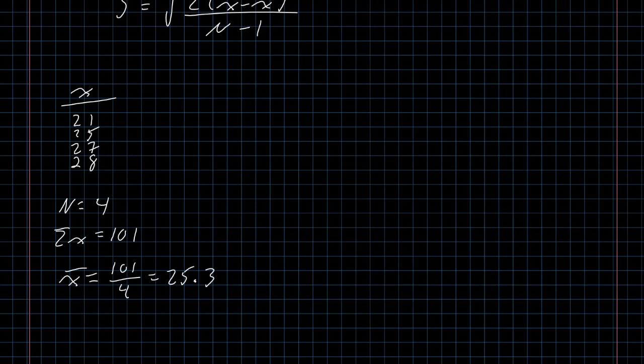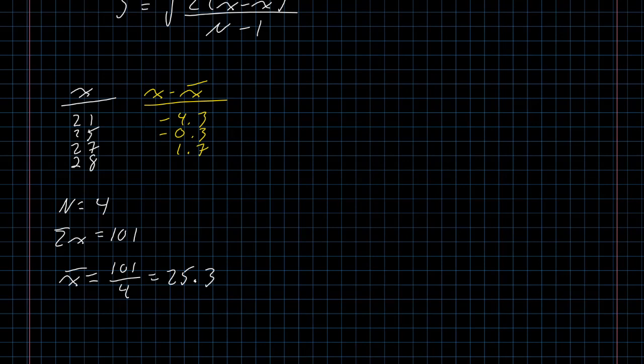A general rule of thumb: round calculated values one digit further than the actual data in your distribution, which gives you a good enough approximation. From here, we continue the process the same way we did in the previous example. We'll take x minus x bar. 21 minus 25.3 is negative 4.3. 25 minus 25.3 is negative 0.3. 27 minus 25.3 is 1.7.